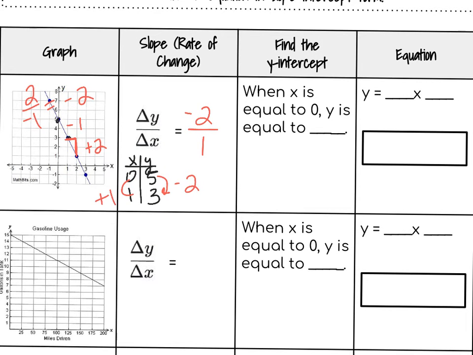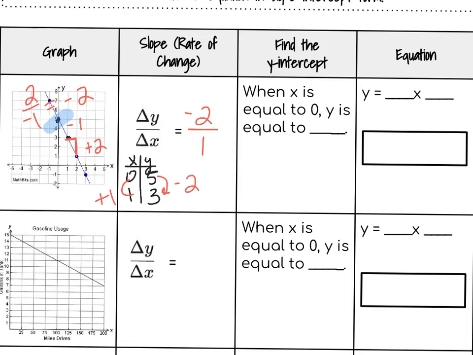Now, here's the good news. Finding the y-intercept on a graph is super, super straightforward. It's pretty much right there. If they're asking you to find it from the graph, the y-intercept is going to be on there, because you need to know that. So when x is equal to 0, y is equal to, well, right there. It crosses the y-axis right there.